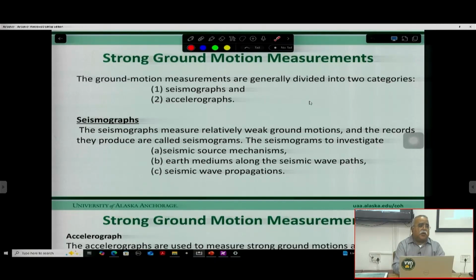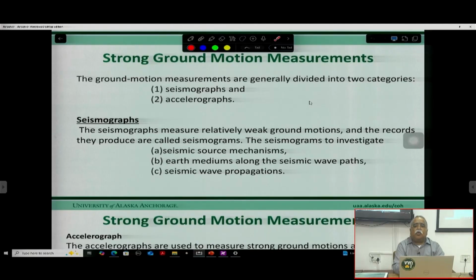One is the seismogram and the other is the accelerograph, right? So seismographs are basically for the weak ground motions. So we have two types of ground motion we usually define in the seismic community.